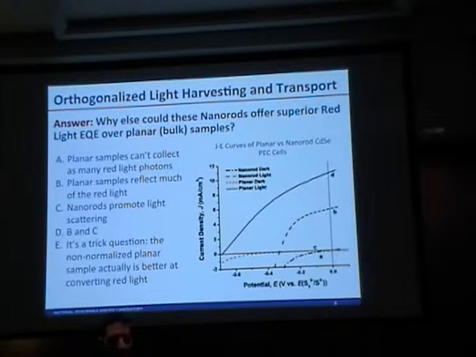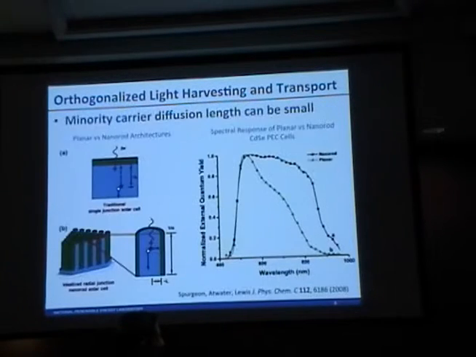Nanorods and nanowire arrays have also been shown in the scientific literature over the last 5 or 10 years to promote significant light scattering. One, they mitigate this reflection, and two, they promote light scattering so that light sort of bounces around within the active material because, if you look at this type of array here, it's crossing from typically a high to a low dielectric constant material, high dielectric being a semiconductor, the low dielectric being the interstitial space between them, filled with, say, an electrolyte like water.